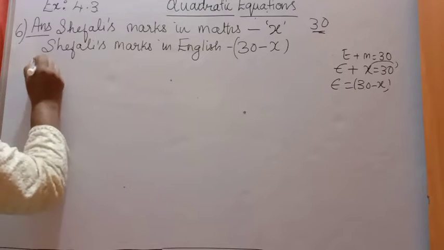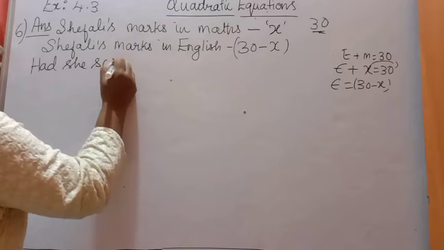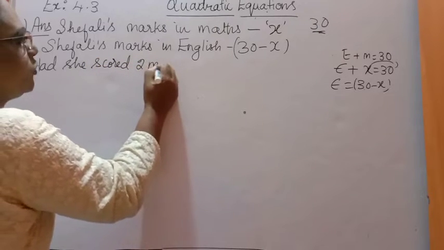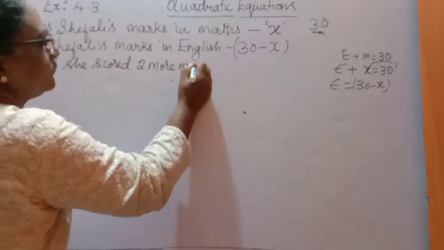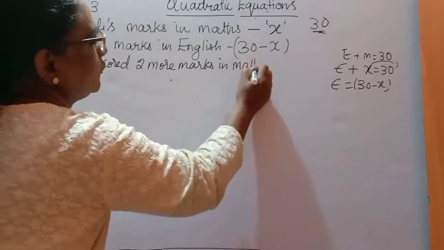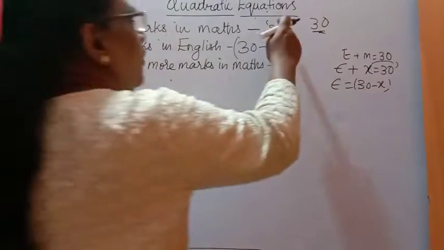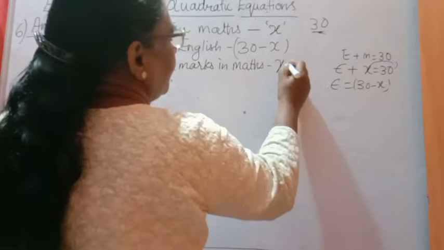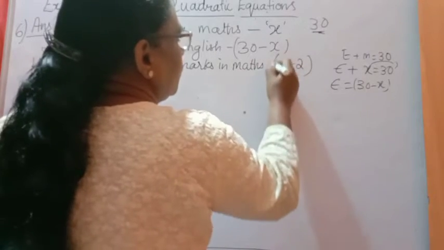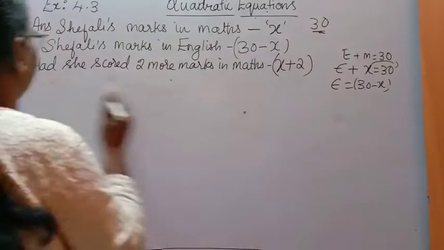Had she scored 2 more marks in maths. Suppose she had scored 2 more marks in mathematics, so what is her present mark? X plus 2 more marks added means the math marks would be X plus 2.